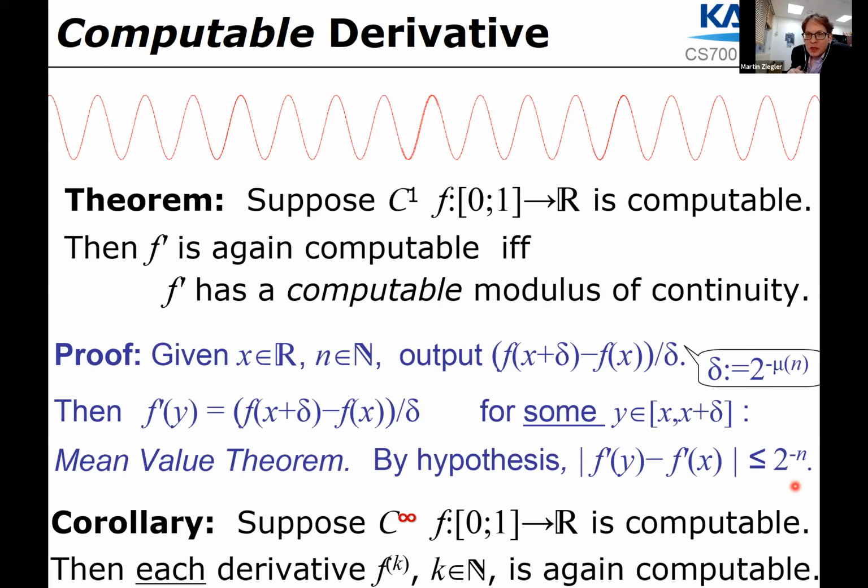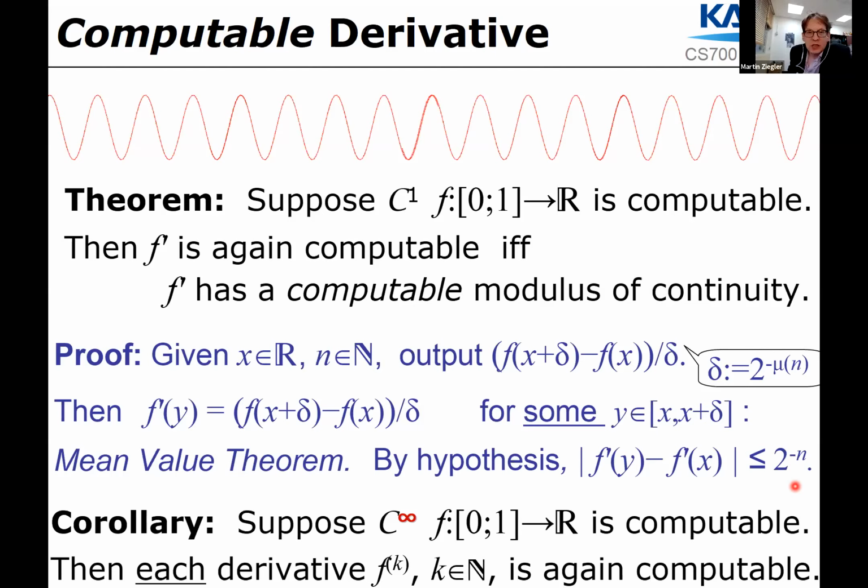Okay, so to summarize here, Myhill demonstrates that in general, computable continuously differentiable functions may have uncomputable derivative, but here we have a full characterization in which cases the derivative is again computable. Namely, a necessary condition is that it has a computable modulus of continuity, and that's also a sufficient condition.